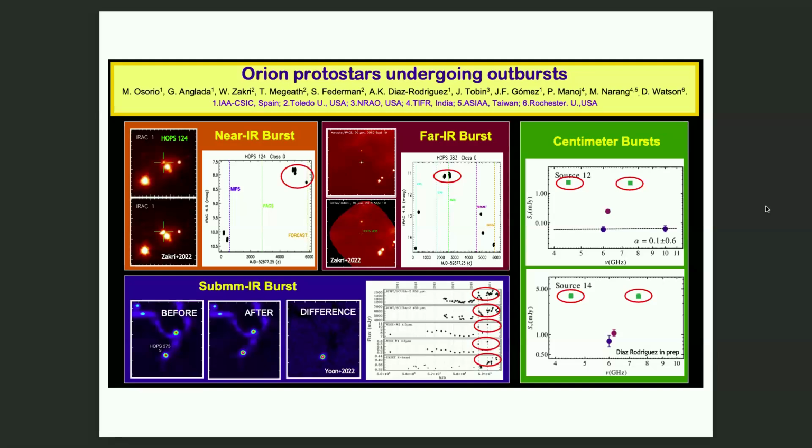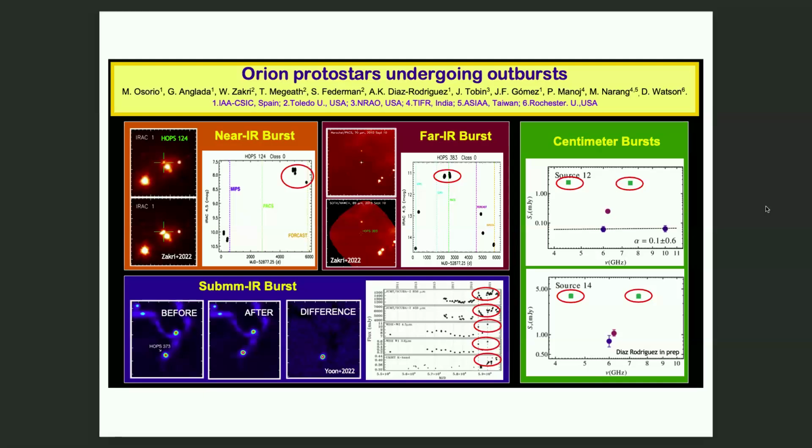The HOPS 383 burst is detected in the far infrared with Herschel and SOFIA Observatory, as can be seen in the images in the red box, while the HOPS 363 burst is detected even in the submillimeter range, as indicated in the blue box. These images suggest that the variability in the luminosity, possibly produced by episodic accretion, may lead to changes in the emission from dusty environments around young stellar objects.